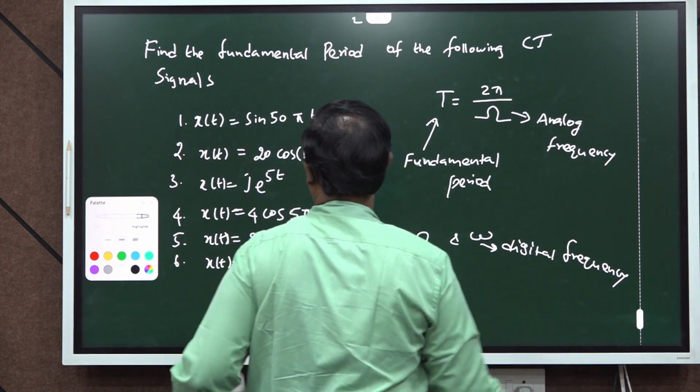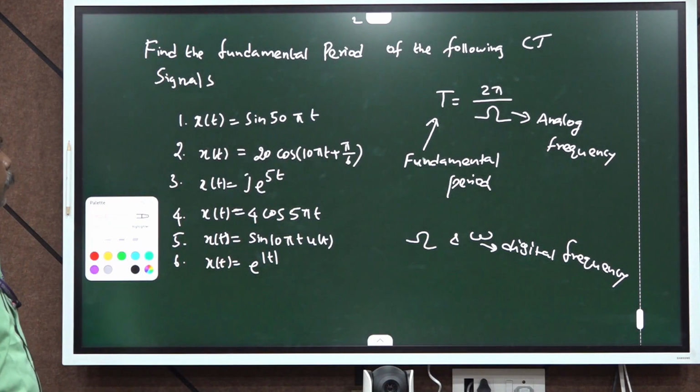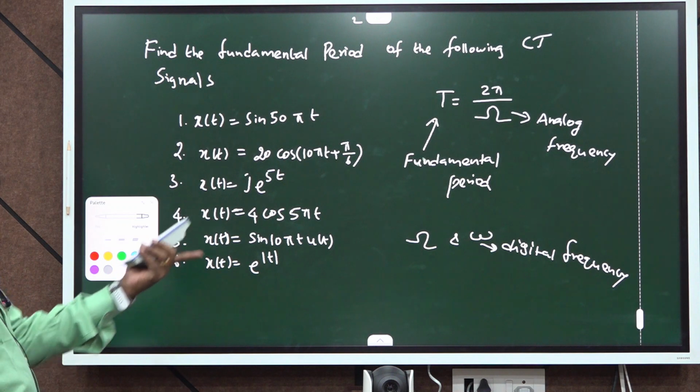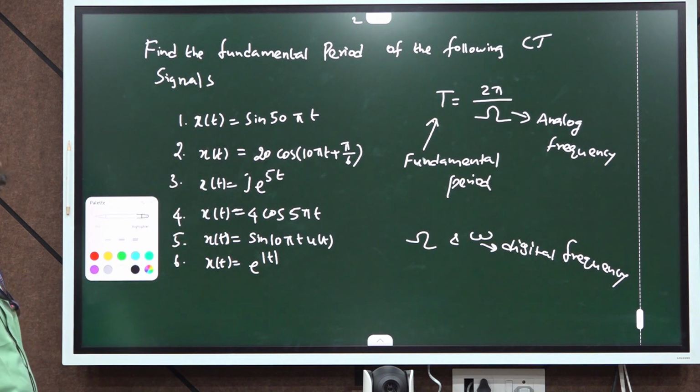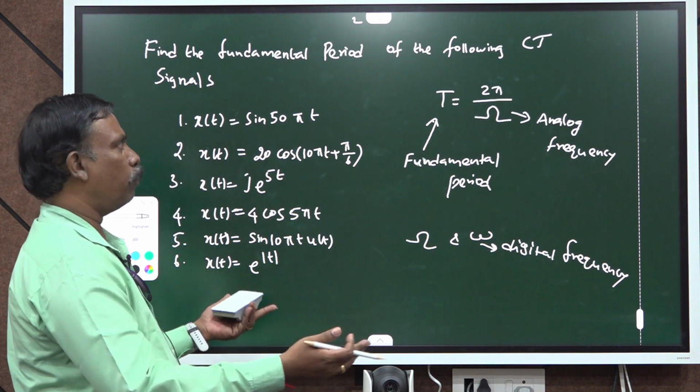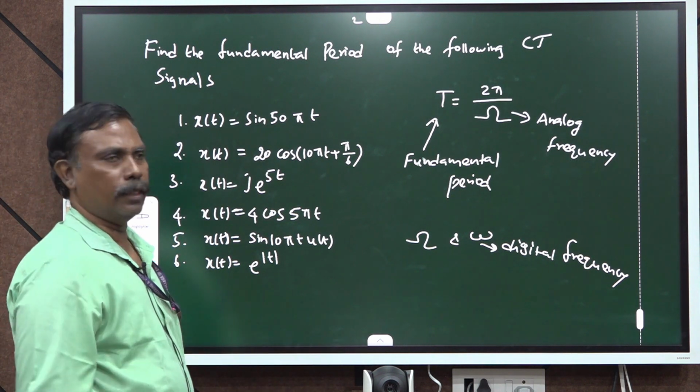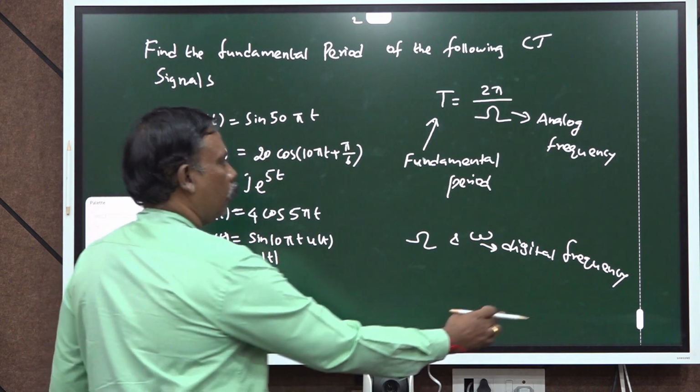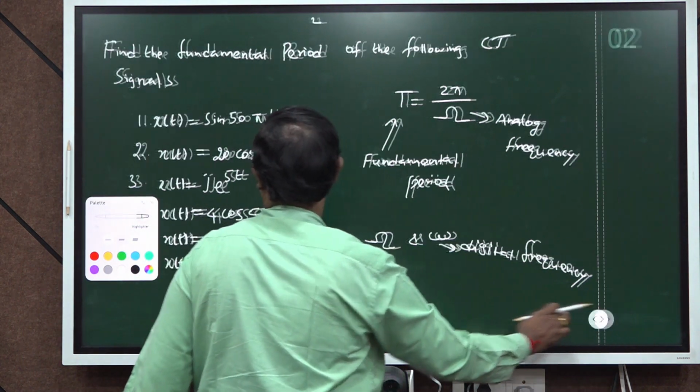The first problem is x of t equals sine 50 pi t, and we have to find the fundamental period. The formula is very simple: T equals 2 pi by omega. For a continuous time signal, 2 pi is the standard.